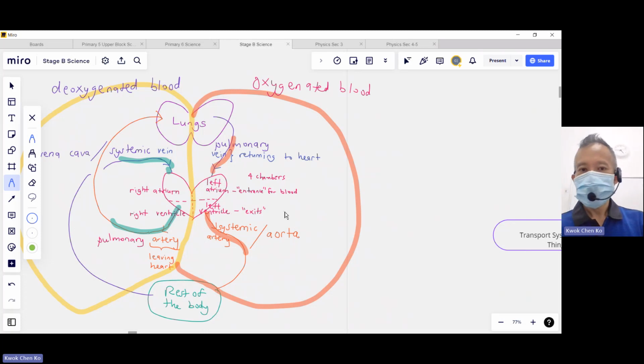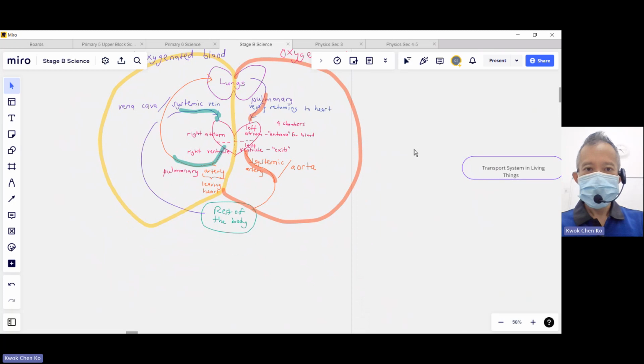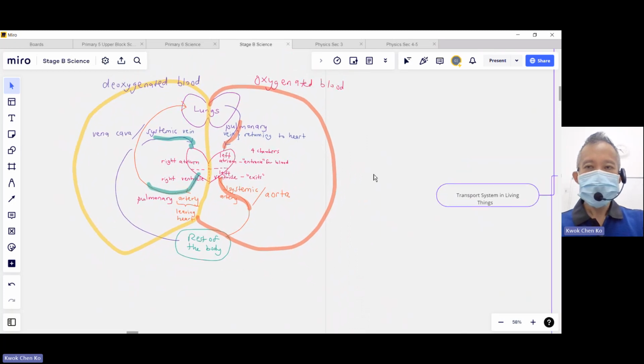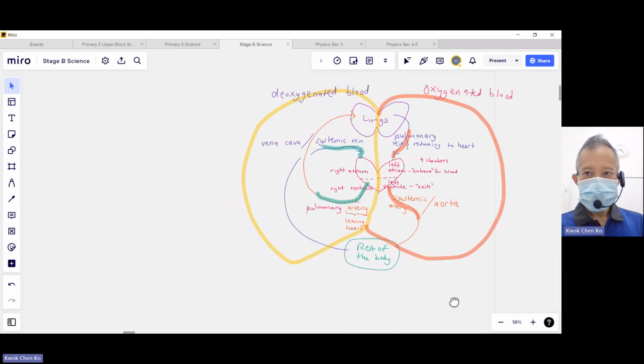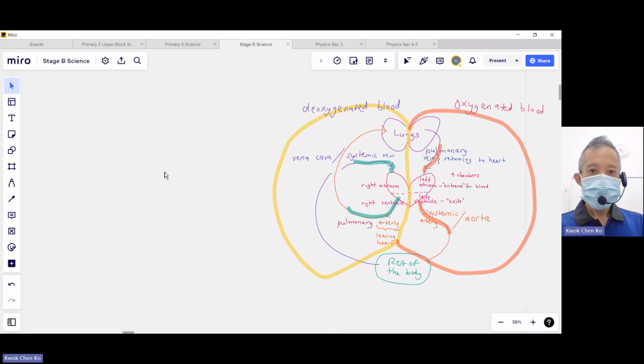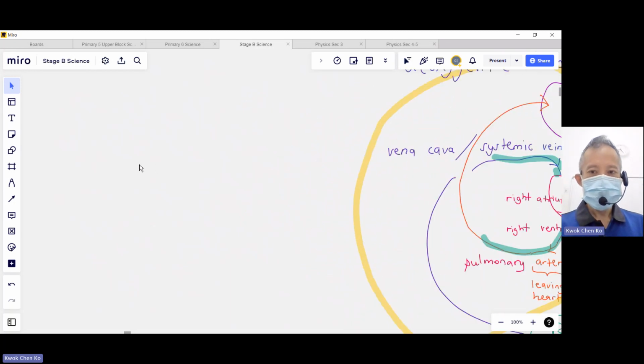Okay, good, capillaries. So, yep, 3 types of blood vessels. So far, I only mentioned veins. Well, of course, you need to know a few differences between them.